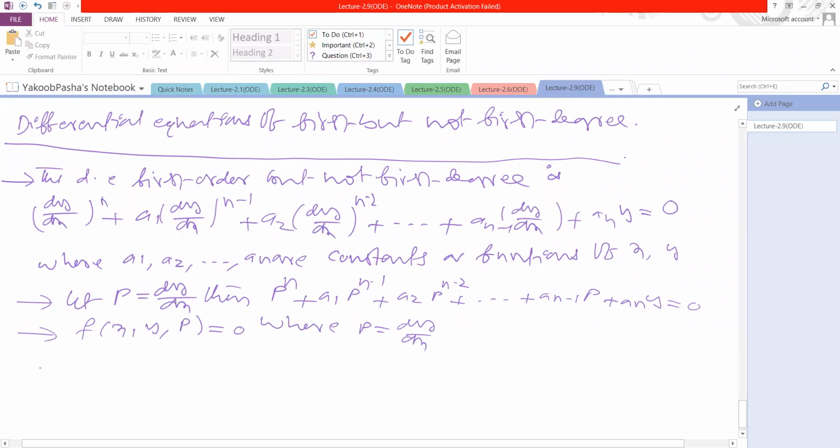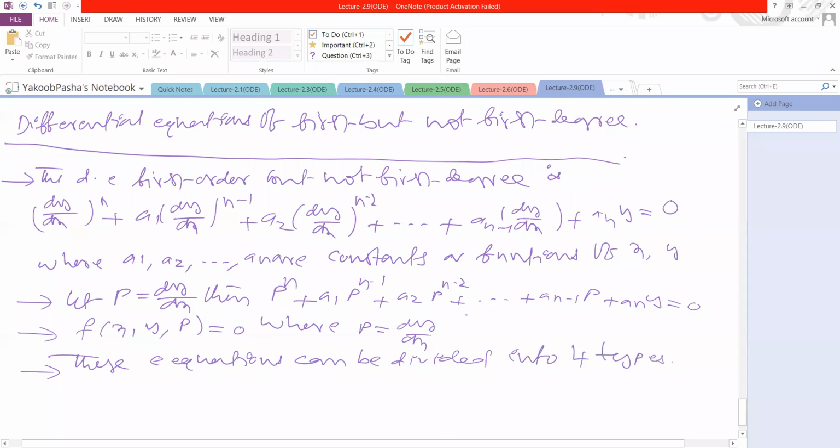Okay, so this type of equations can be solved in 4 ways. These equations can be divided into 4 types.